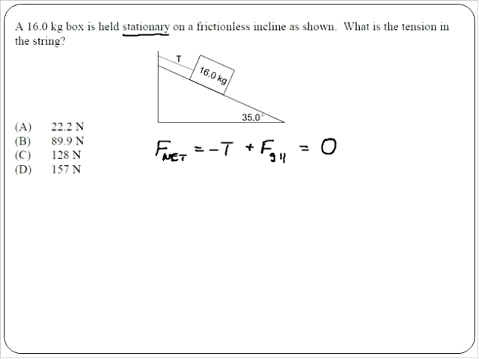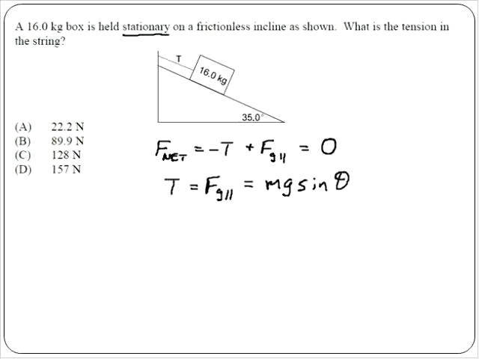It has to be. If it's moving at a constant speed or it's not moving at all, then Newton's first law comes into play, right? No net force. If there's no unbalanced force, it doesn't move, or it moves at a constant speed, one or the other. So that's the case right here. So that tells me then that if I take my tension to the other side, because the other side was just 0, so 0 plus T is T, equals Fg parallel, which is just going to be mg sine theta.